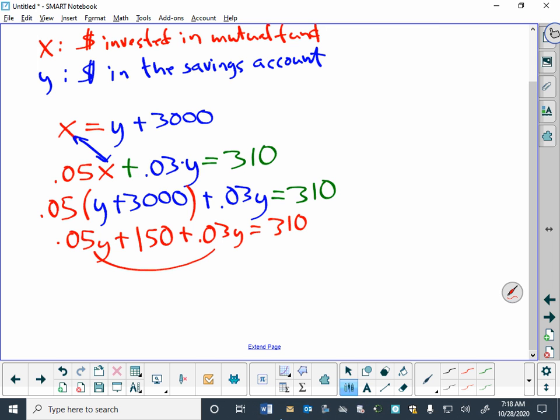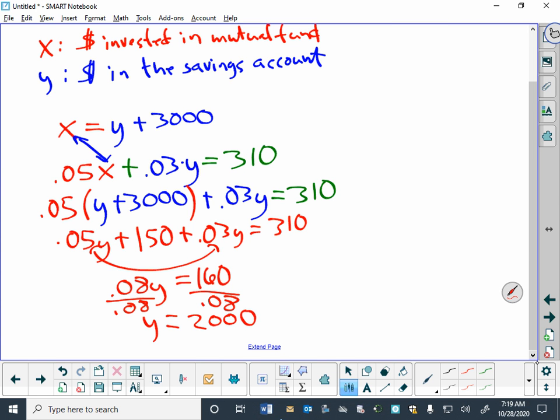Can combine some like terms here. That's 0.08y. Subtract 150 from both sides, and I'm going to be left with 160. And then divide by 0.08. And y is going to be 160 divided by 0.08. That is $2,000. Okay, so y is 2,000.